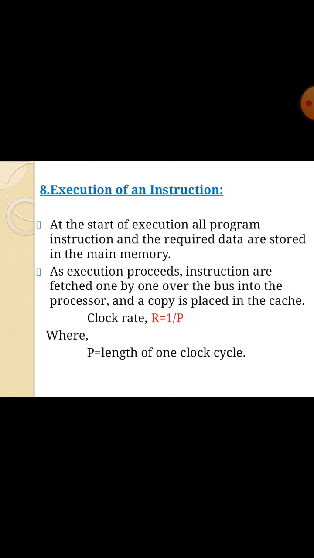To execute a machine instruction, the processor divides the action to be performed into a sequence of basic steps. Each step can be completed in one clock cycle. The formula is clock rate R equals 1 by P, where P is the length of one clock cycle.